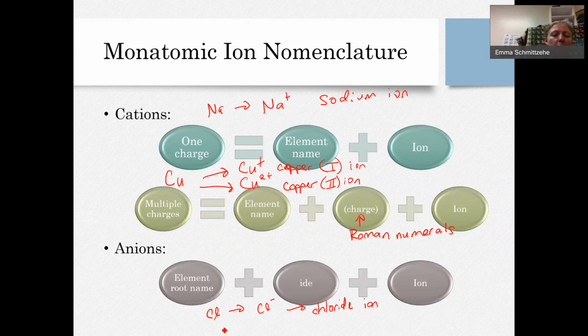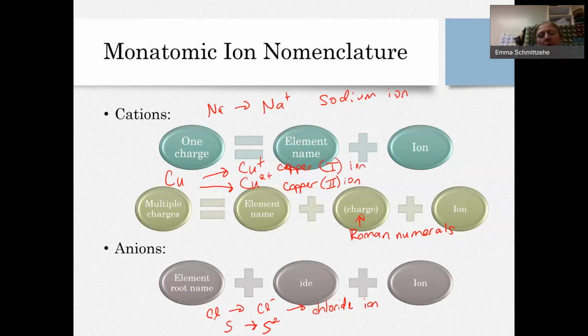Another one, if I had sulfur. Sulfur is going to form a 2 minus, so sulfur likes to pick up 2 electrons. Again, you think about the element name, and some of the letters fall off the end. I'm sorry, there's not a definite number of letters you take off.